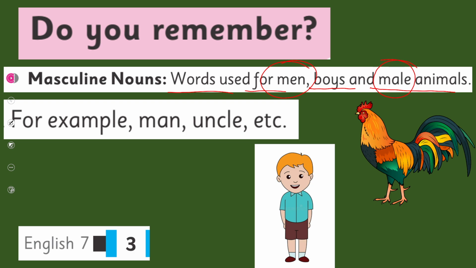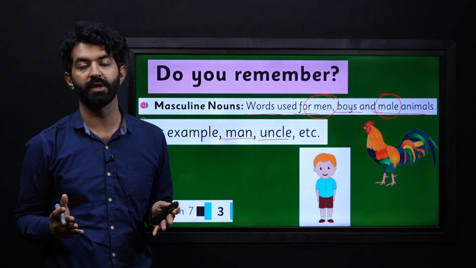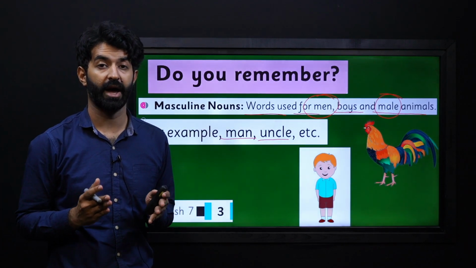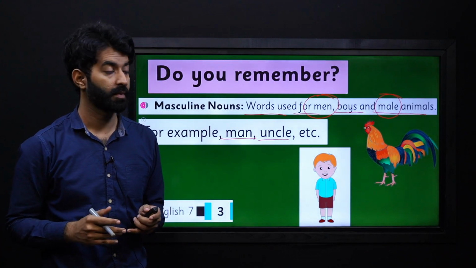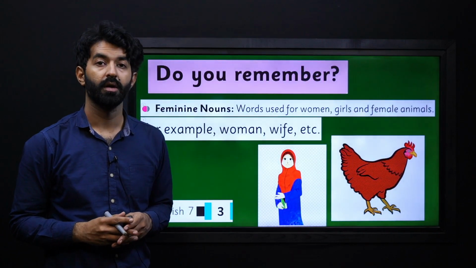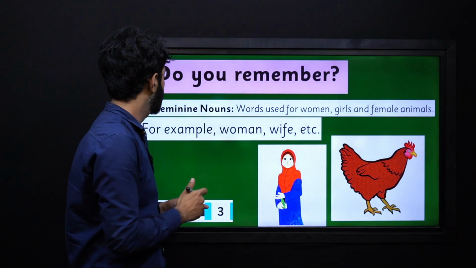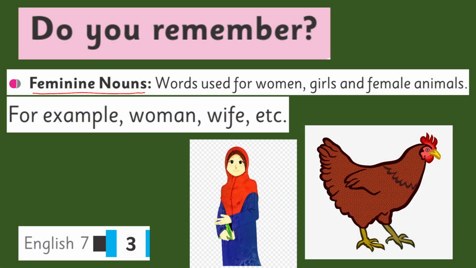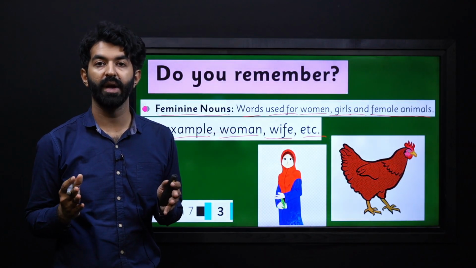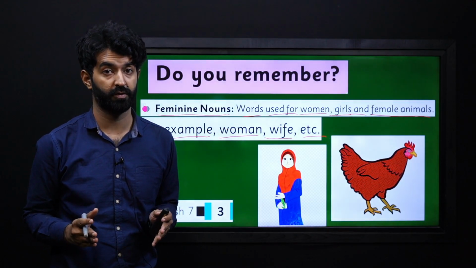For example, man, uncle, etc. So when we have these kinds of nouns, obviously we know that they are of the masculine category. On the contrary, we have feminine nouns. They are words used for women, girls and female animals. For example, woman, wife, etc. Girl, hen, all these are feminine nouns.